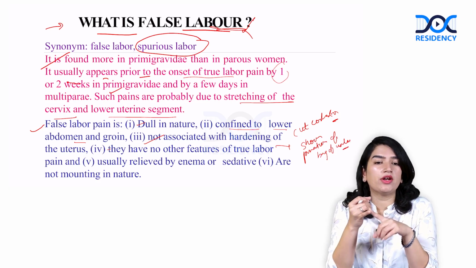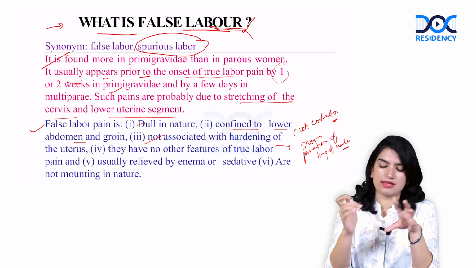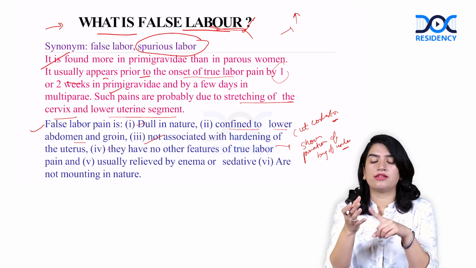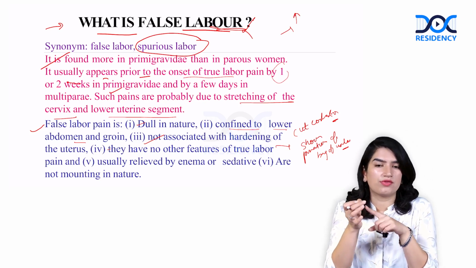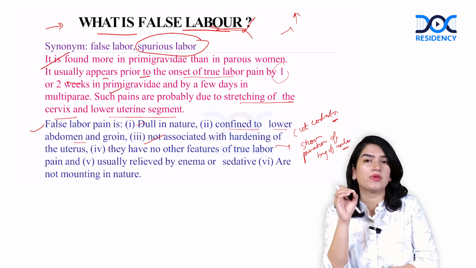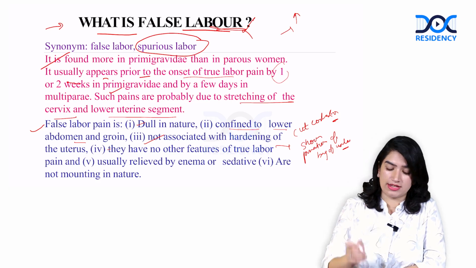They are typically not mounting in nature. That means there is no incessant increase in the intensity, the frequency and the duration of the uterine contractions. And false labor pains are usually relieved by enema or sedatives.